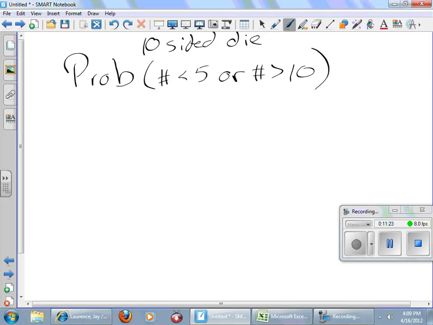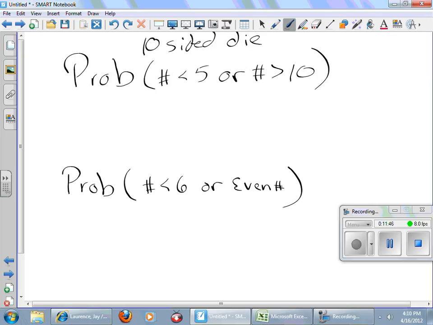And then a second problem would be the probability of getting a number less than 6 or an even number. Okay? Well, let's see how to do these. You're not going to do these exact problems, but something just like this.